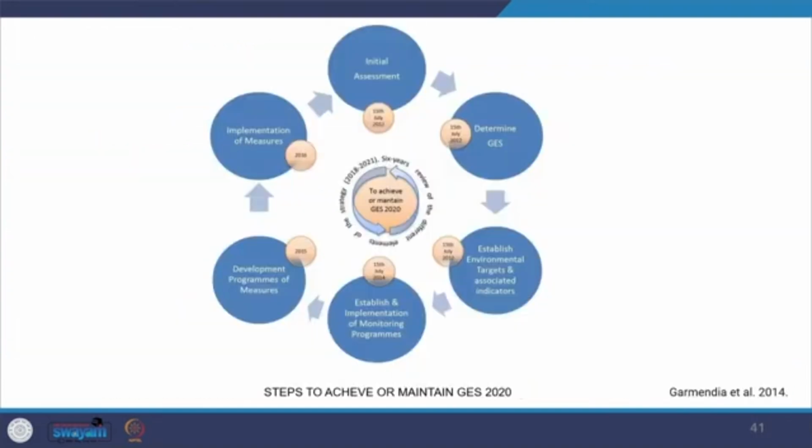In the image you can see the steps to achieve or maintain good environmental status, the Marine Strategy Framework Directive Management Cycle. The blue circles represent the different elements that may be included in the marine strategies, and the small orange circles represent the timeline to include the elements. So, by when, what, and how they have to attain the target. This helps to translate the global targets into national and local policies.